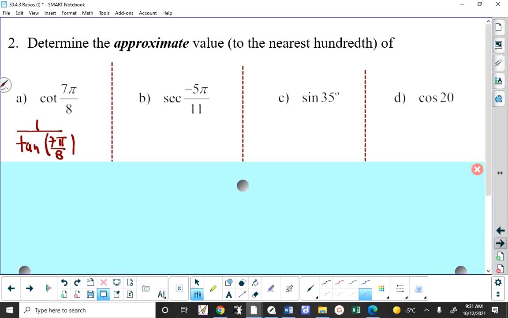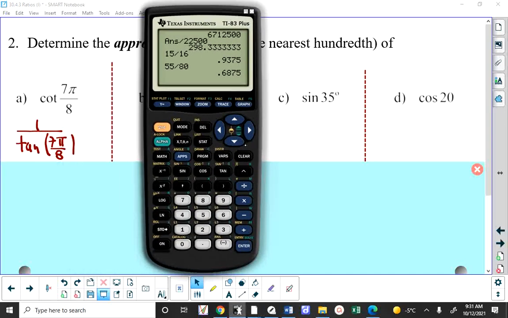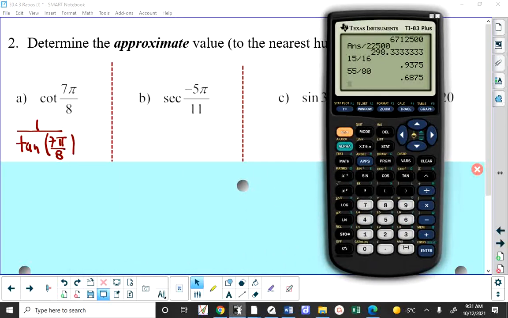It means we're going to take the tangent of 7 pi over 8 and then take the reciprocal of it, because cotangent of theta is 1 over tangent of theta. So just make sure you're in the right mode, and I am. I'm going to take 1 divided by tan of 7 pi over 8.